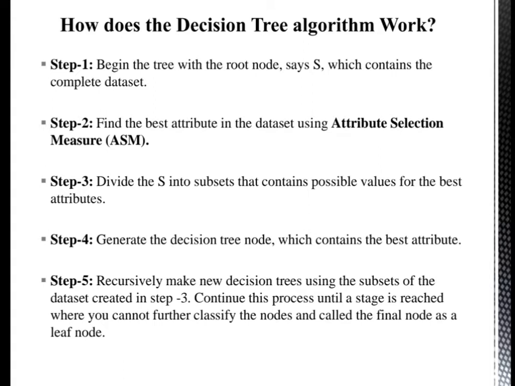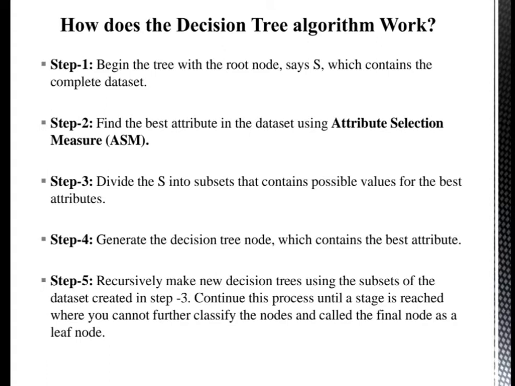Let us see how does a decision tree algorithm work. Step 1. Begin the tree with the root node, say S, which contains the complete dataset. Step 2. Find the best attribute in the dataset using attribute selection measure, ASM. Step 3.